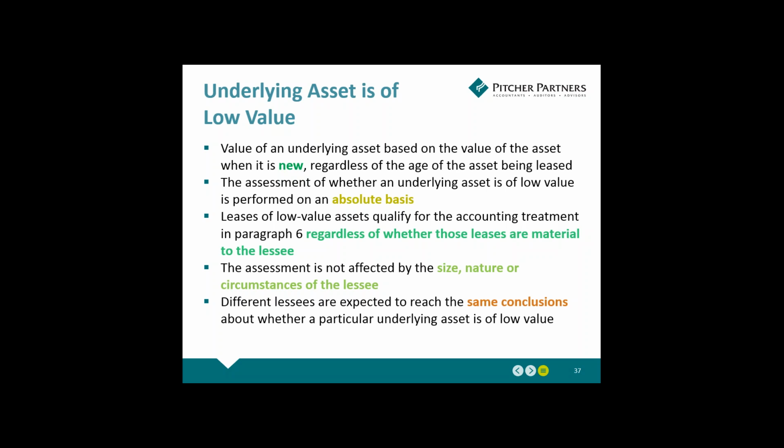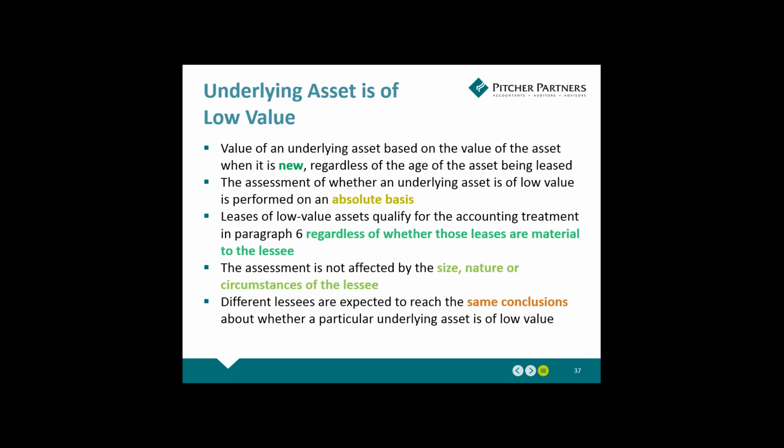The assessment is not affected by the size, the nature, or the circumstances of the lessee. So they're saying it again: I don't care how big you are, what the nature of your business is. So what they're really saying, and that's the last bullet point, is they would expect different lessees, whether the lessee is small or big, for-profit, not-for-profit, private sector, public sector, listed, non-listed, to reach the same conclusions about whether a particular underlying asset is of low value.